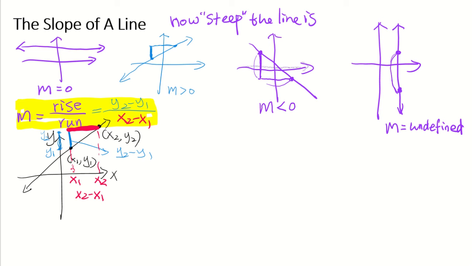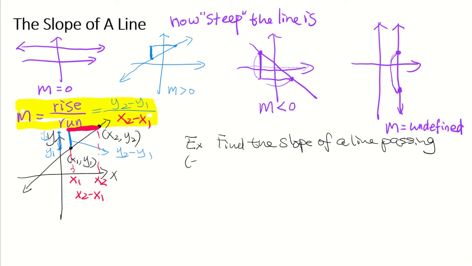All right, now let's look at one example. Find the slope of a line passing 2 points, let it be -2, -3, and 4, 1.